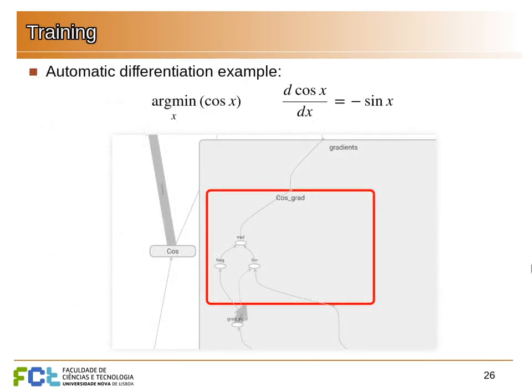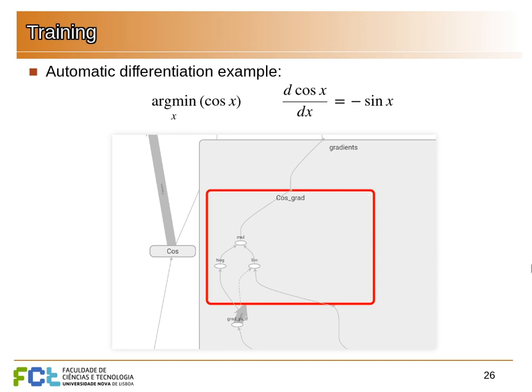Basically, suppose that you want to minimize the cosine of x. You want TensorFlow to do this. It will need to use the derivatives to find the minimum of this function. And when you put the cosine of x in the graph, TensorFlow includes the minus sine of x, which you cannot see very well here. This is the negative, the sine, and the multiplication of the two.